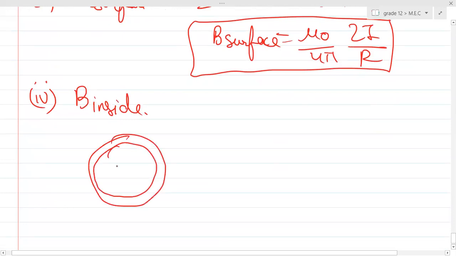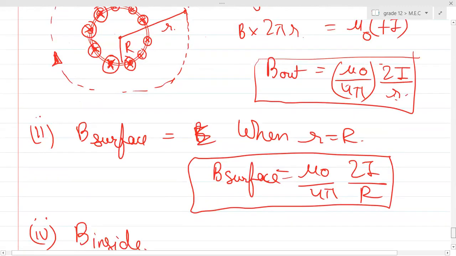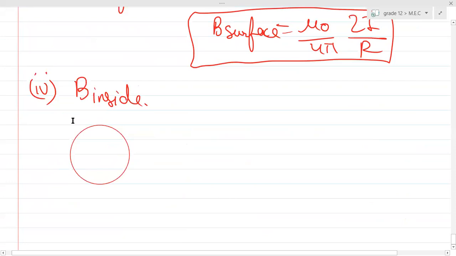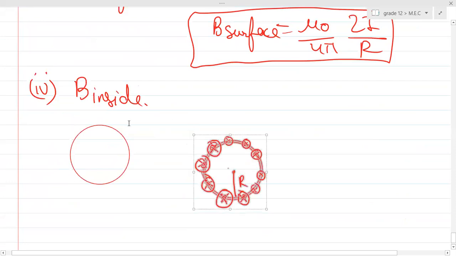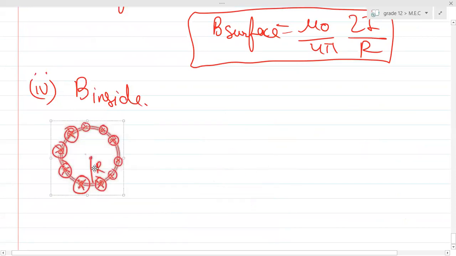Just the point is, basically, this is again your current carrying hollow cylinder, and now you want to find out the magnetic field at a point P, which is inside the wire.